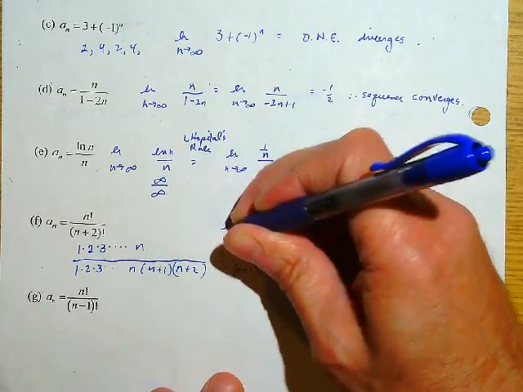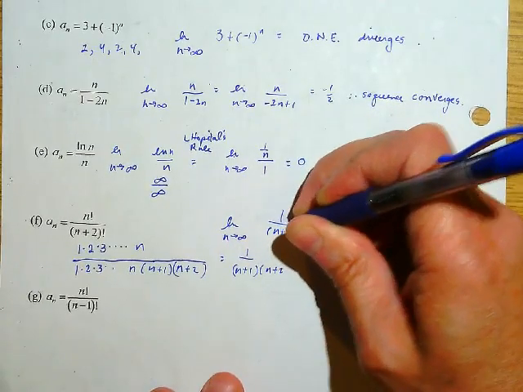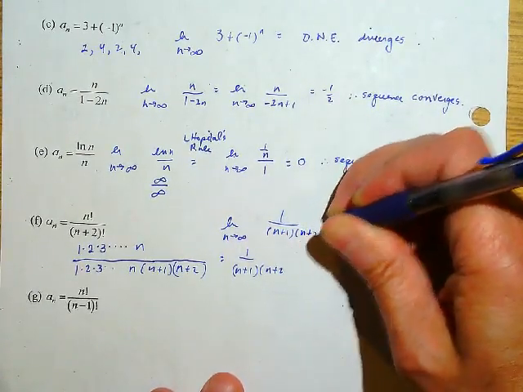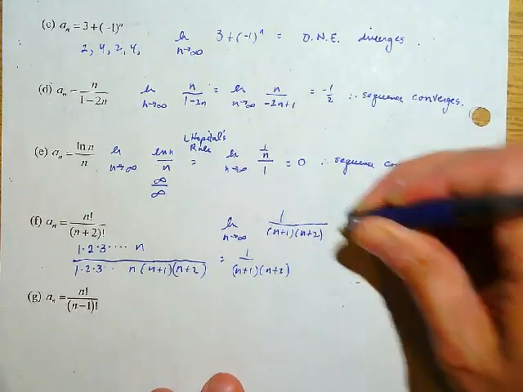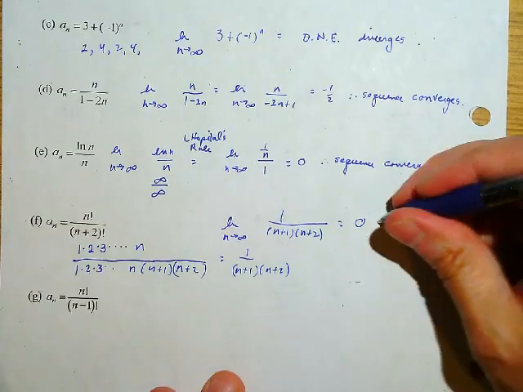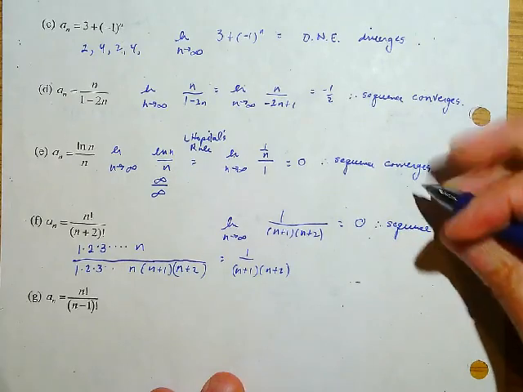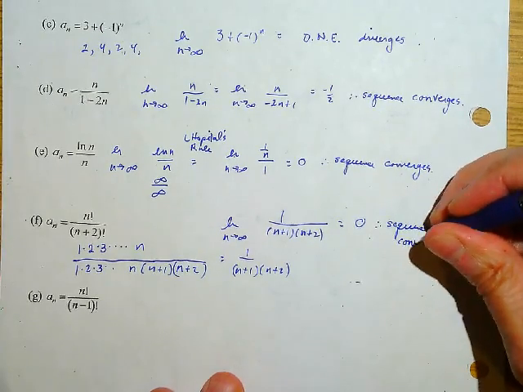Now we can take the limit as n approaches infinity of 1 over (n plus 1) times (n plus 2). Need a parentheses there. Well, isn't that going to be 0, right? Because it's bigger on the bottom. Therefore, the sequence converges.